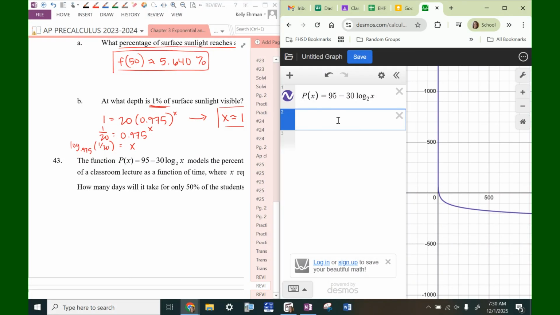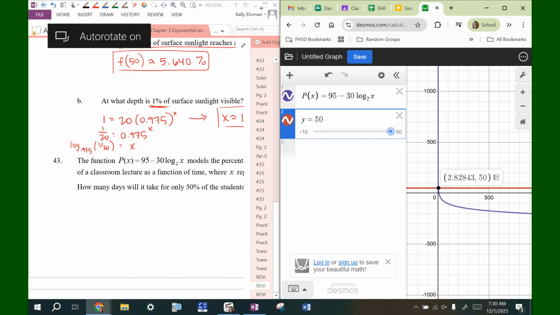Again, if we put in numbers for x like 1, p of 1, because I can't do 0, that's not in the domain, but p of 1 is 95, so that's like 95% of the students remember it. So how long will it take for p of x to equal 50? So I'm just going to graph y equals 50, and we can see it's only 2.828 days.